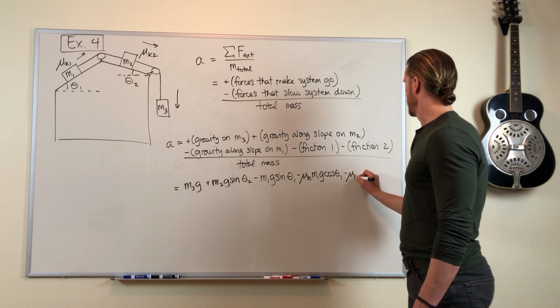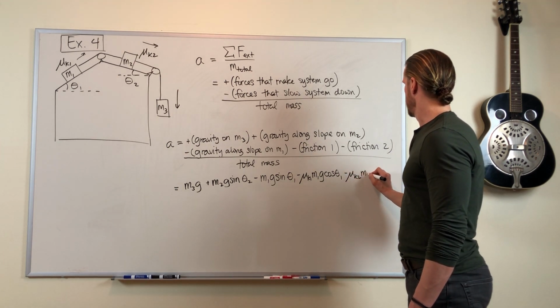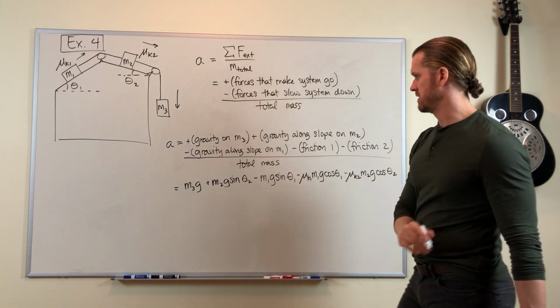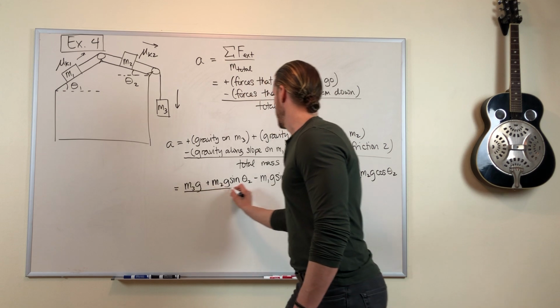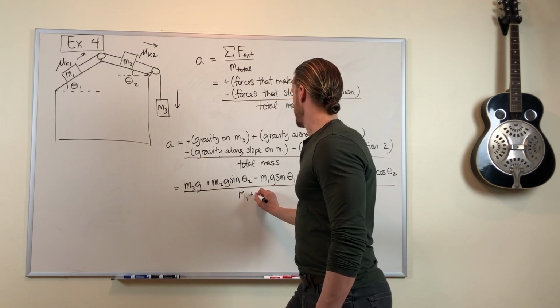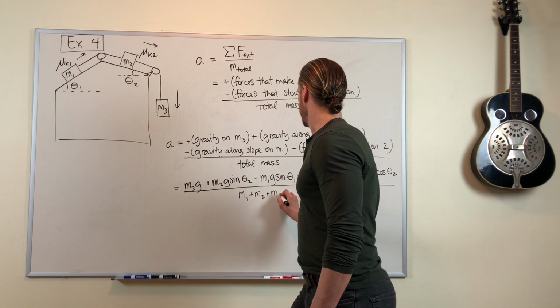Friction force coefficient m2g cos theta 2. And all of that is divided by the total mass, m1 plus m2 plus m3.